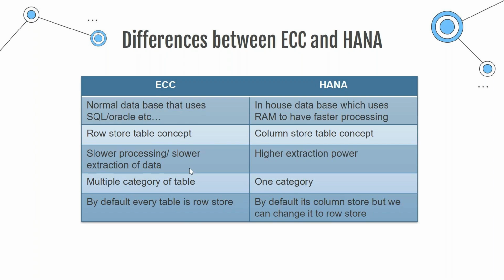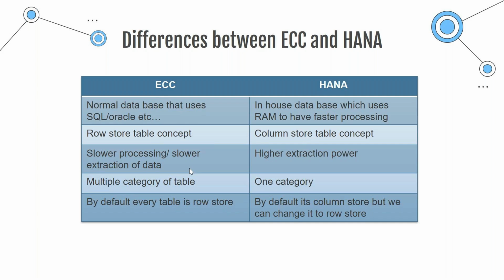Then we've just seen about the row store and column store, right? Whenever we create any table in ECC system, not just create, even the existing tables of ECC system are row store tables only. Every database table in ECC system is a row store table. And in HANA system, every table that you create will be column store by default.